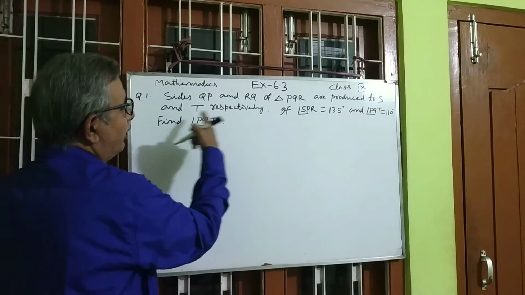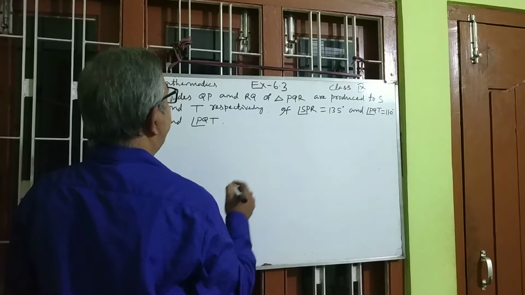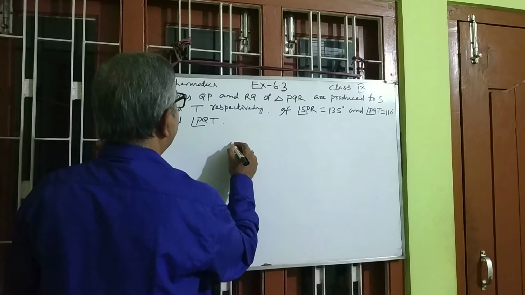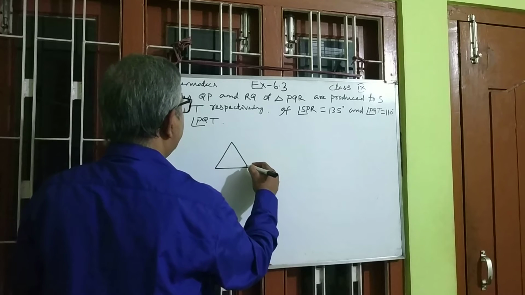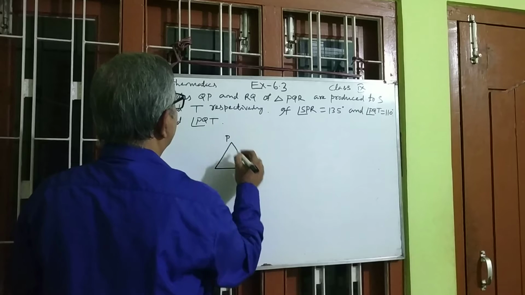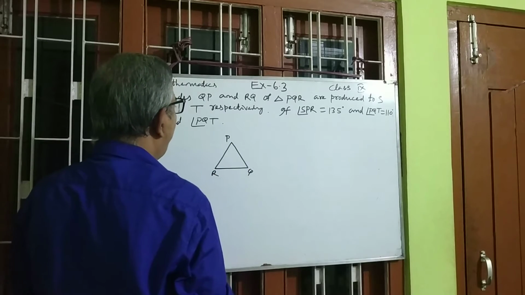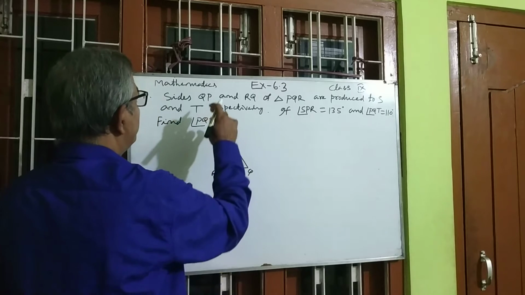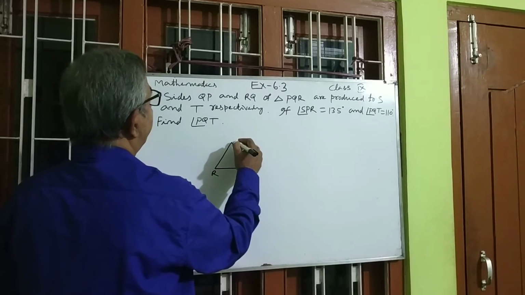You see, first of all, what is that? PQR is a triangle. So we are drawing one triangle PQR. After that, what sides are produced? QP is produced.